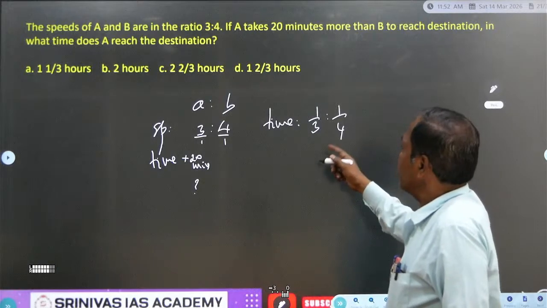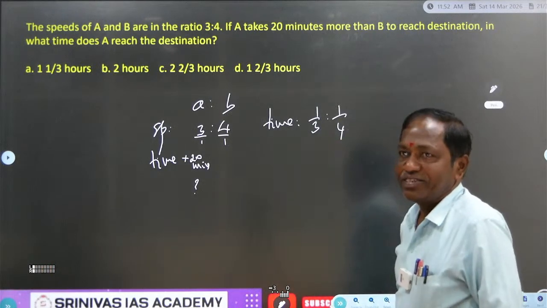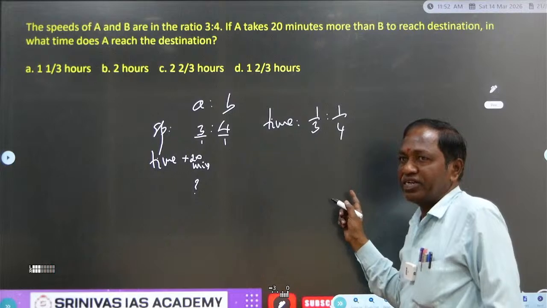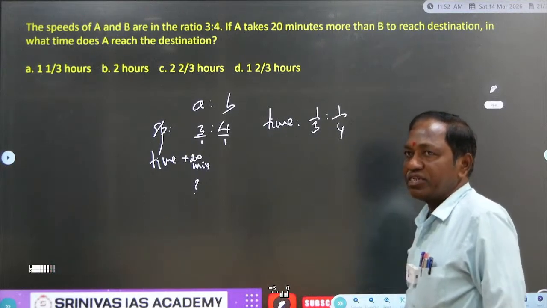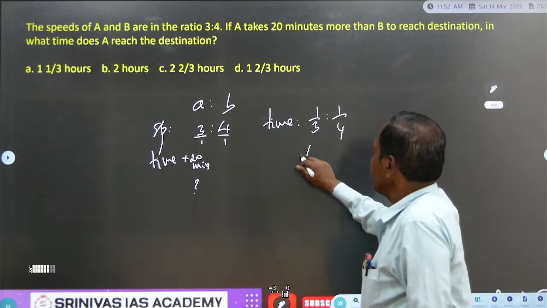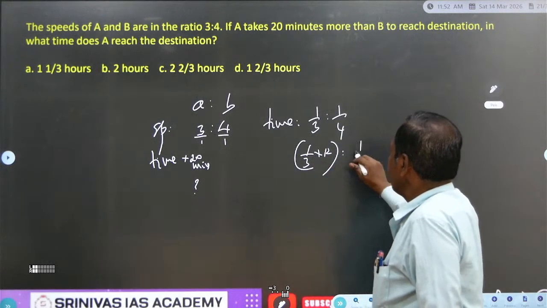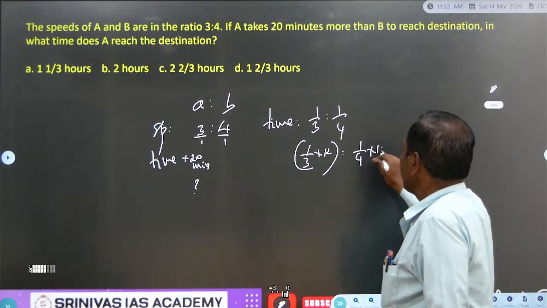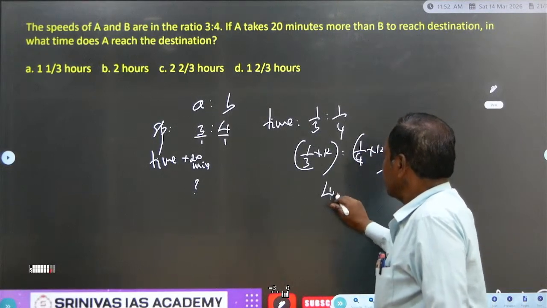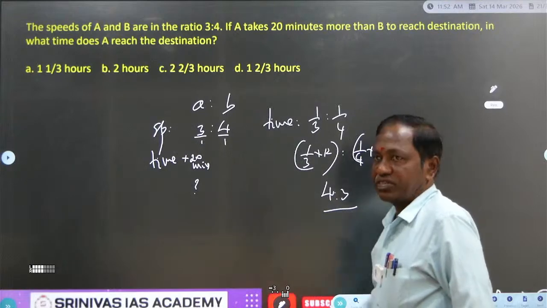Now we can convert into natural numbers. What is the LCM of the denominators? 12. So 1 by 3 into 12 is to 1 by 4 into 12, which is 4 is to 3.